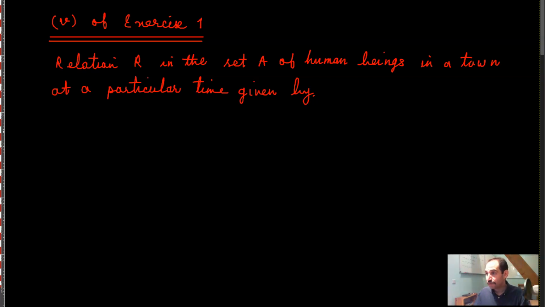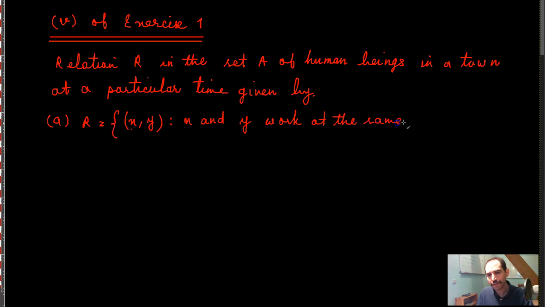Okay, so this question has basically part A, part B, part C, part D, and part E. Okay, so given by part A, R is equal to all the ordered pairs x comma y such that x and y work at the same place.